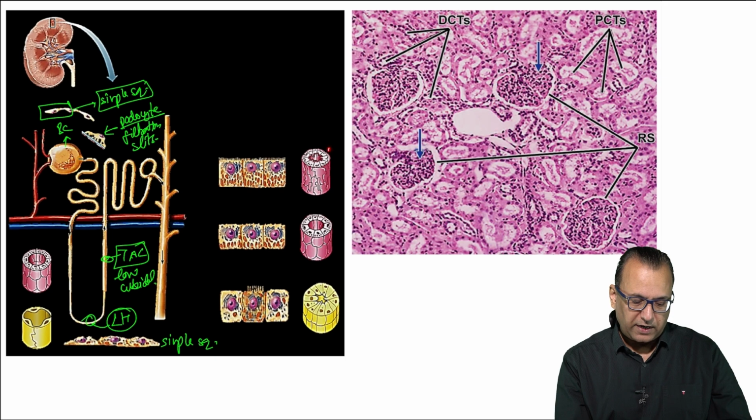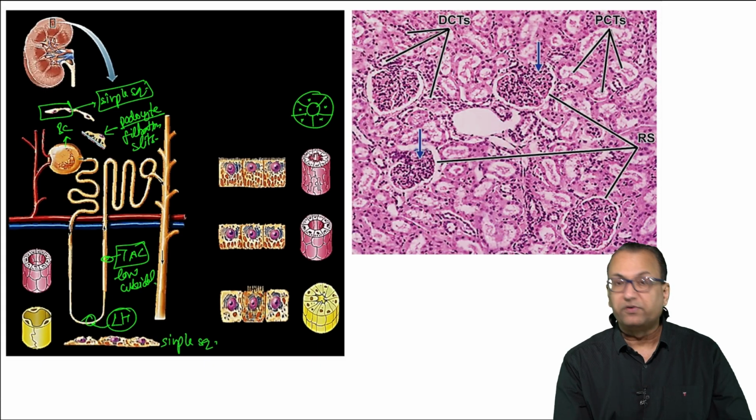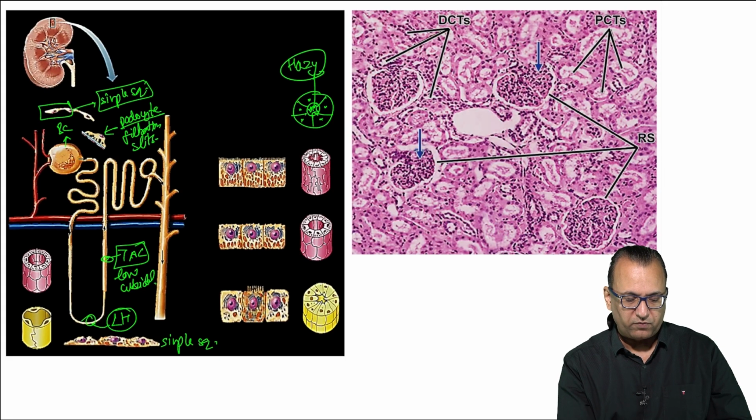When you take a cut section of this PCT, you find there are so many microvilli that the lumen becomes hazy, as you can notice here also.